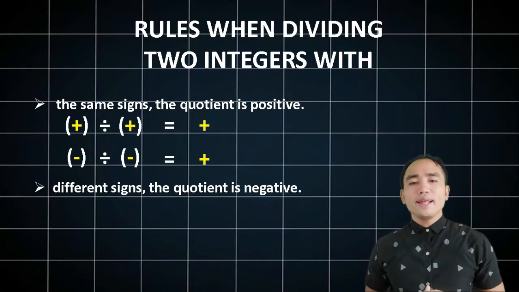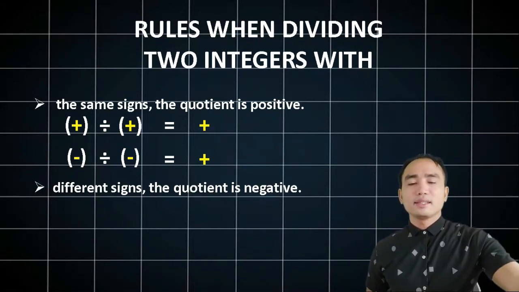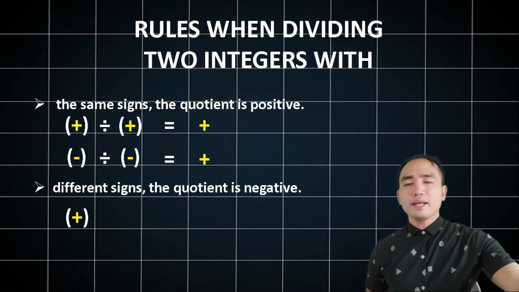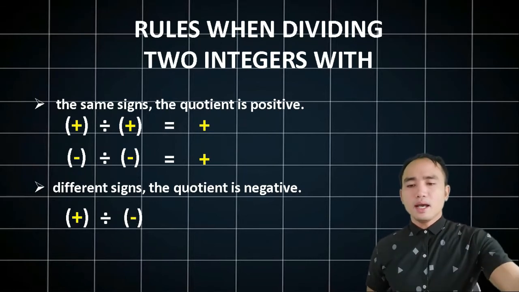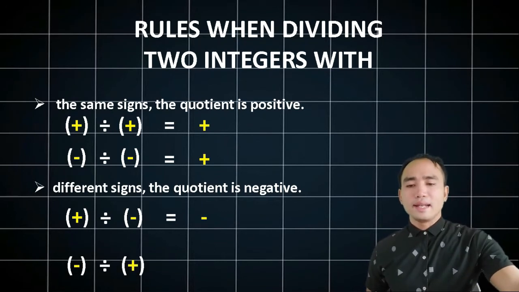And then when dividing two integers with different signs, the quotient is negative. Positive number divided by a negative number, the answer is negative. Or negative divided by positive, the answer is negative.